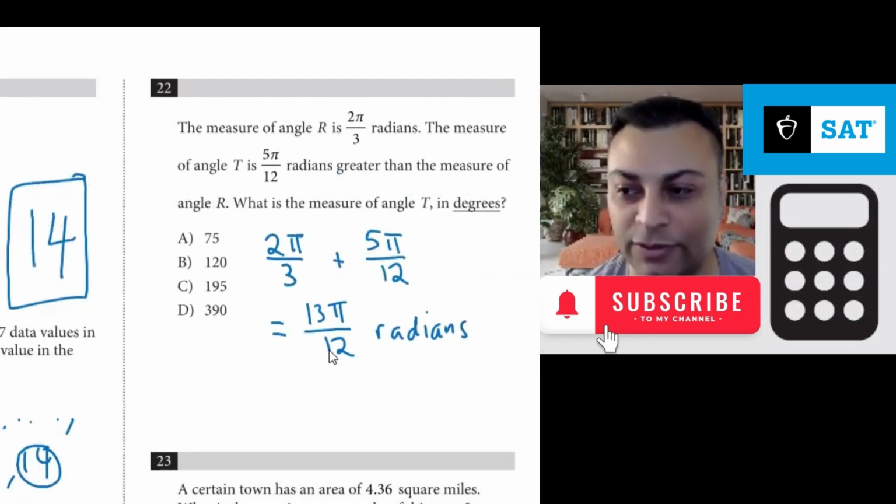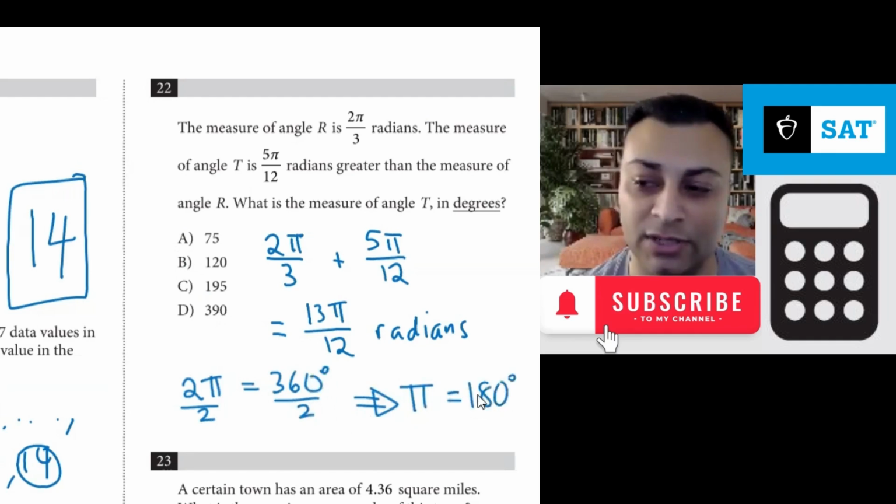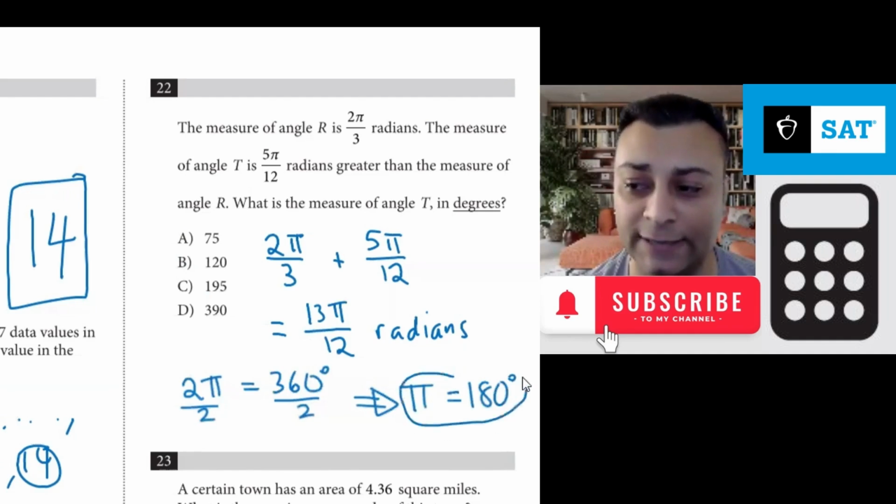So we would like to convert this to degrees, and we saw earlier in the formula sheet that 2π is 360 degrees. A convenient way is to divide this by 2, and then you would get the relationship π is 180 degrees. 360 divided by 2. Go ahead and use a calculator, and you'll see it's 180. So π is 180.